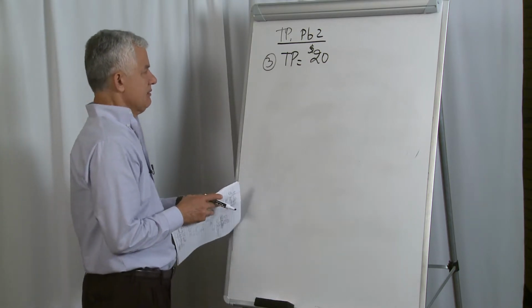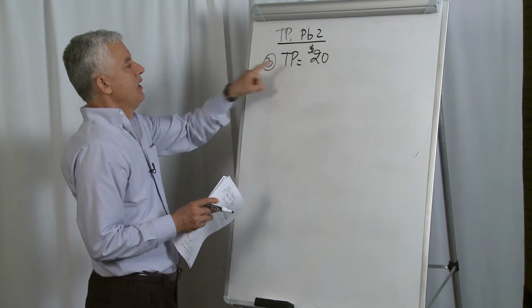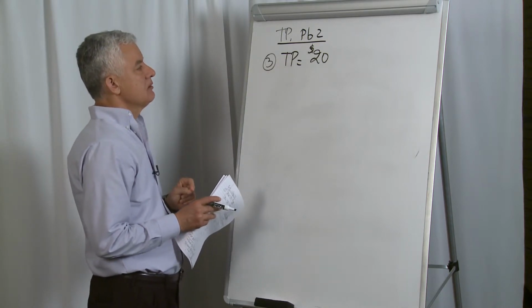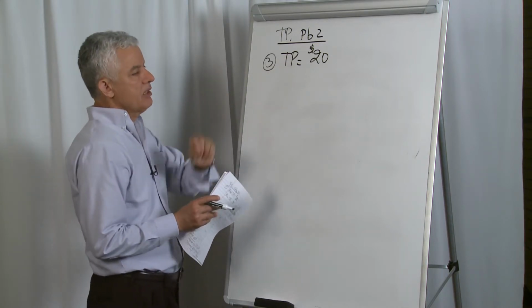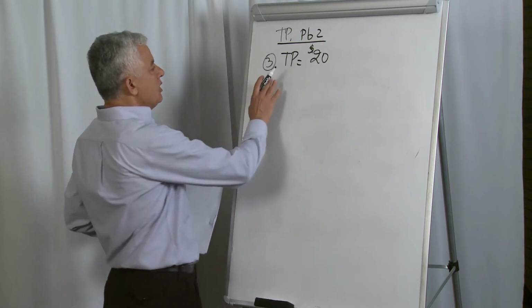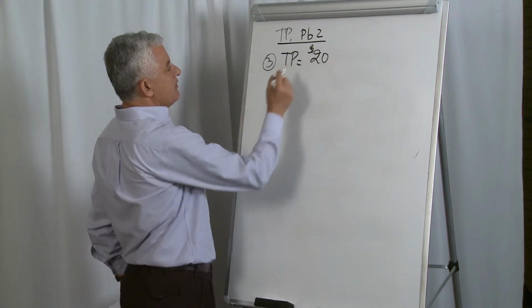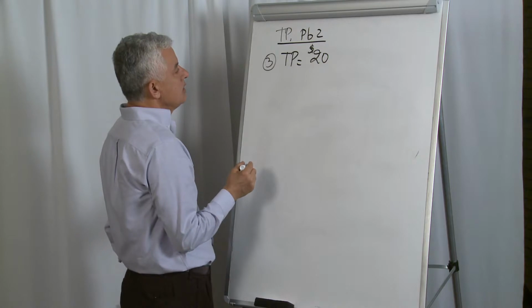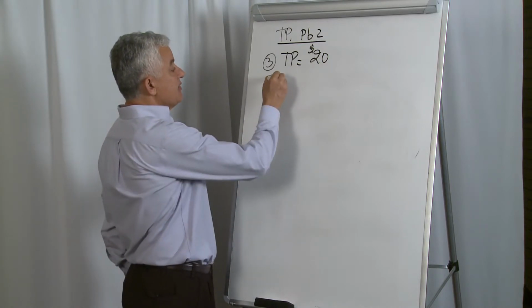They're asking us about the impact of a transfer price set at $20 on both divisions and on the company as a whole. Let's look first at the impact of this transfer price of $20 on the selling division.